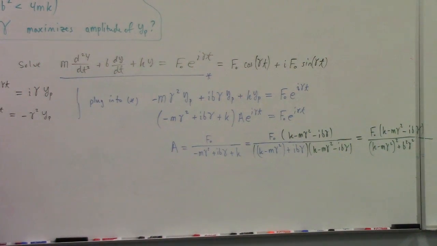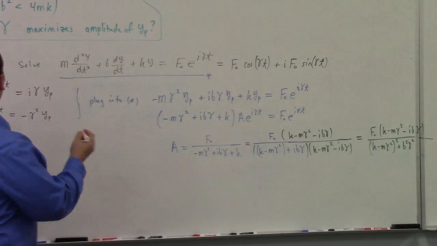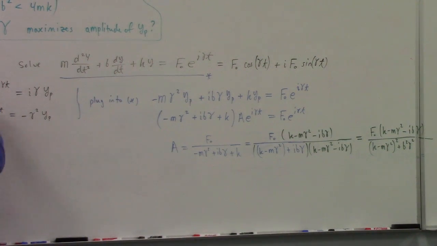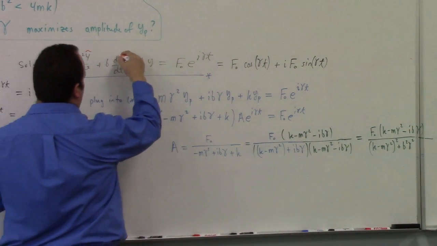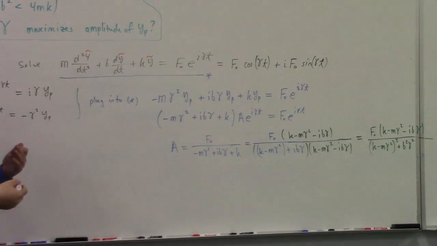Finally, my real solution. In engineering books, a lot of times what's done, let me embrace the jargon, we'll put tildes on the complexified problem to remind ourselves, hey, this isn't the real problem, this is the complexified problem.